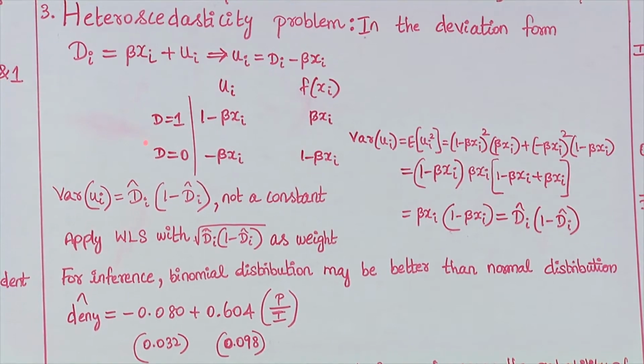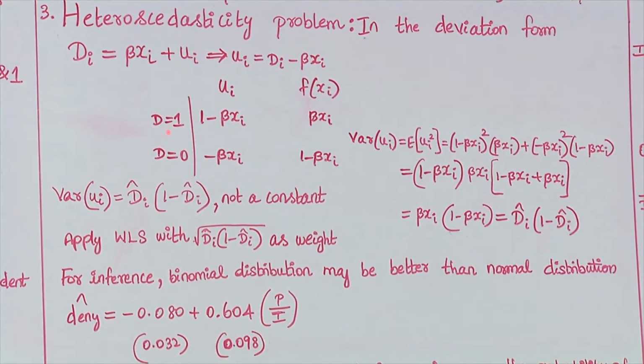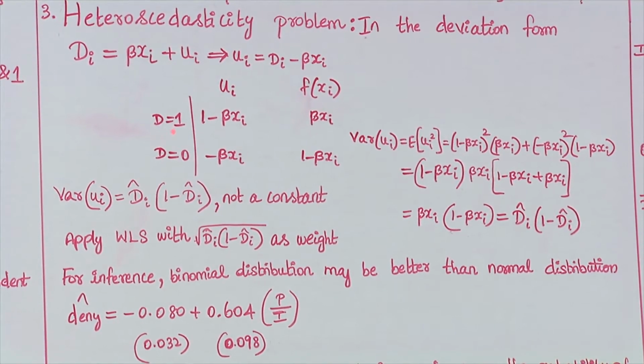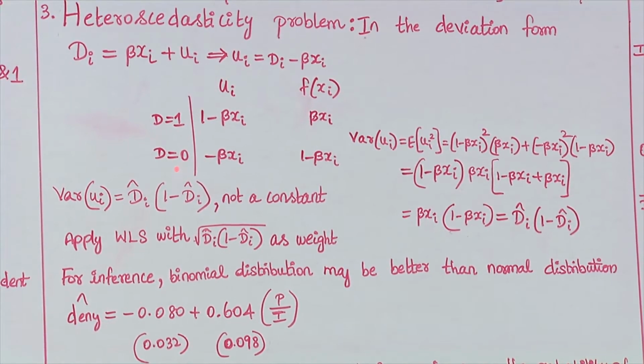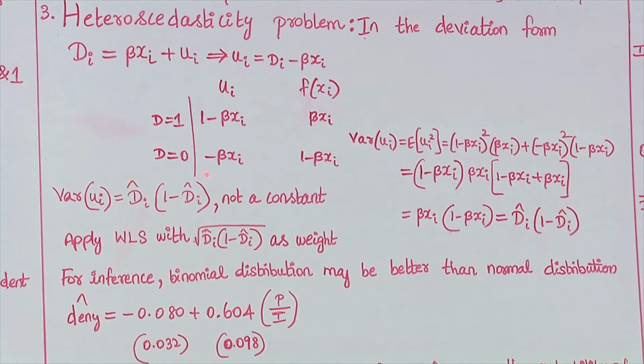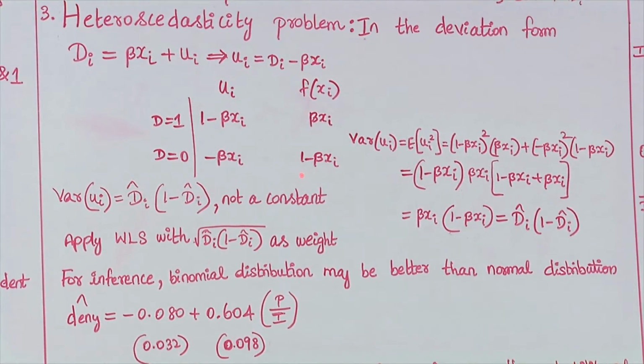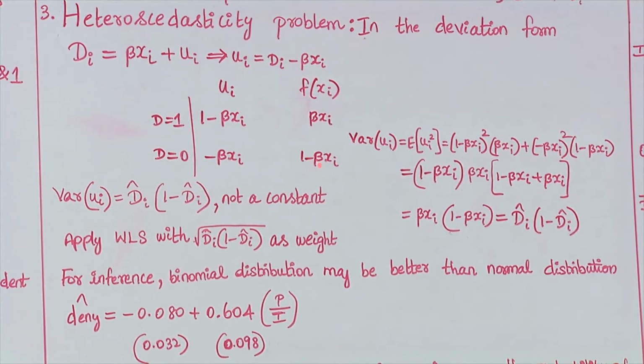If this is the case, for Di equal to 1, we will get ui equal to 1 minus beta Xi. The probability of D equal to 1 is beta Xi, and if you put 0, then we will get ui equal to minus beta Xi. The probability of that is 1 minus the probability of D equal to 1, so this is 1 minus beta Xi.